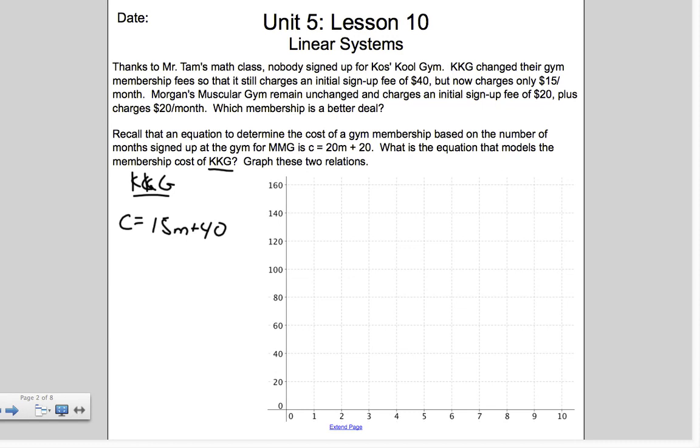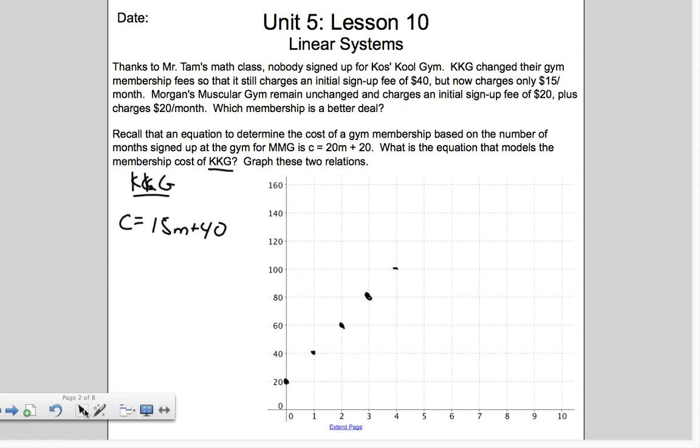Well, if it's 1 month, how much would it be? Right? Or, what did we learn? Well, what's the y-intercept for this one? The y-intercept here was 20. And what's my slope? My slope is 20. So every month I go up, it's 20. Right?